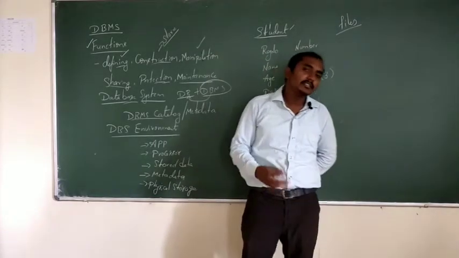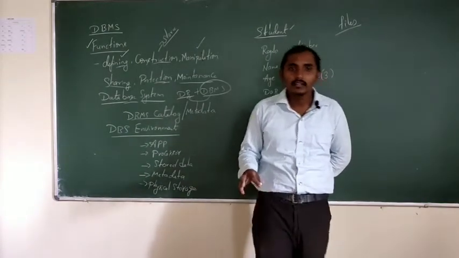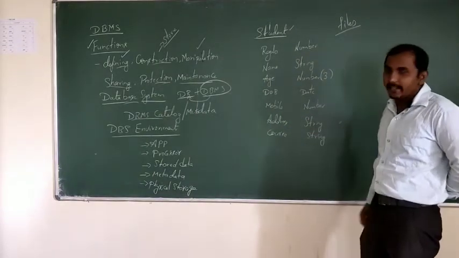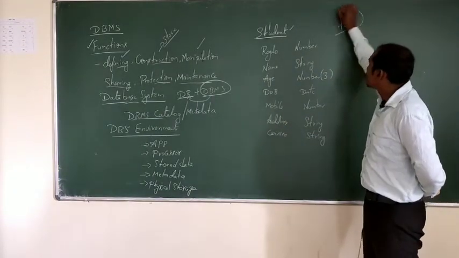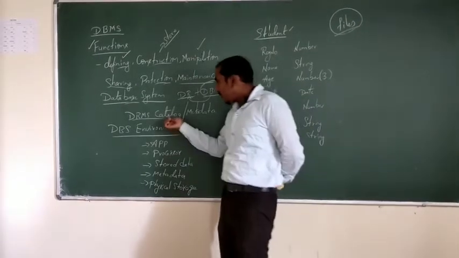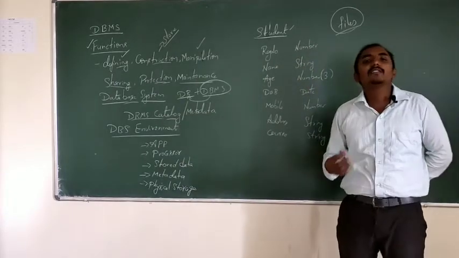If you have a notepad file, it is considered as file1.txt, something like that, right? Similarly, whenever you store data, it will also be stored in the form of files.